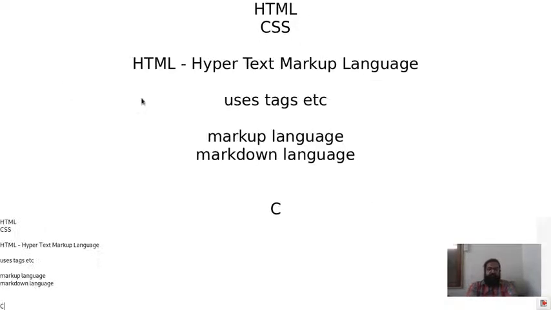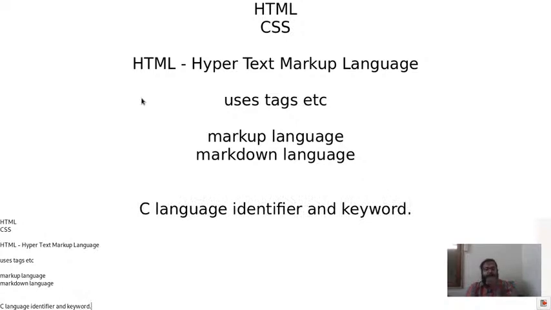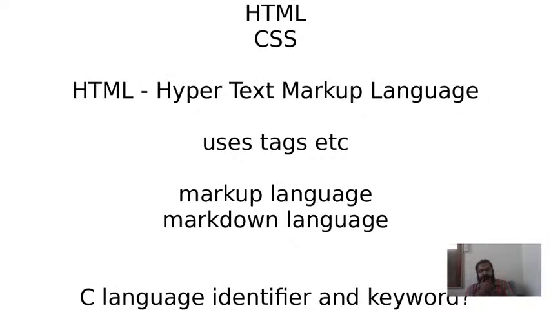What is the difference between an identifier and a keyword in the C programming language? An identifier is a name that we give for a particular variable or a function, and it can be a user defined name with certain rules.